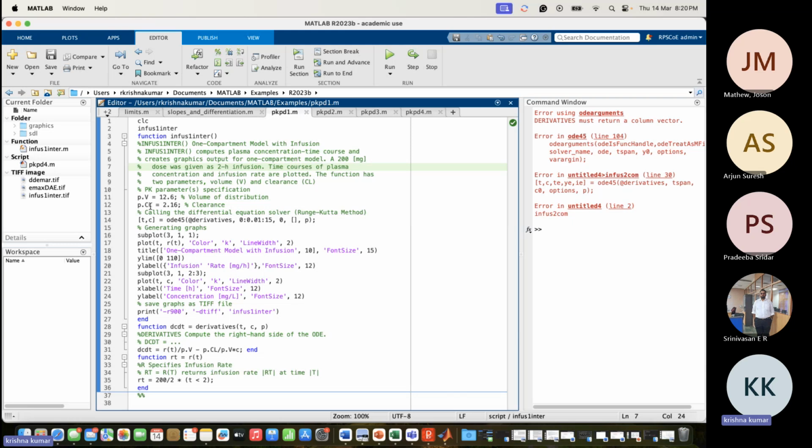There are two entries in the vector. P dot V means there is a vector called P whose first entry is V, and its value is 12.6. The same vector P has a second entry called CL. You remember we had A, C1, C2. Like that, we have V, CL, so 2.16.